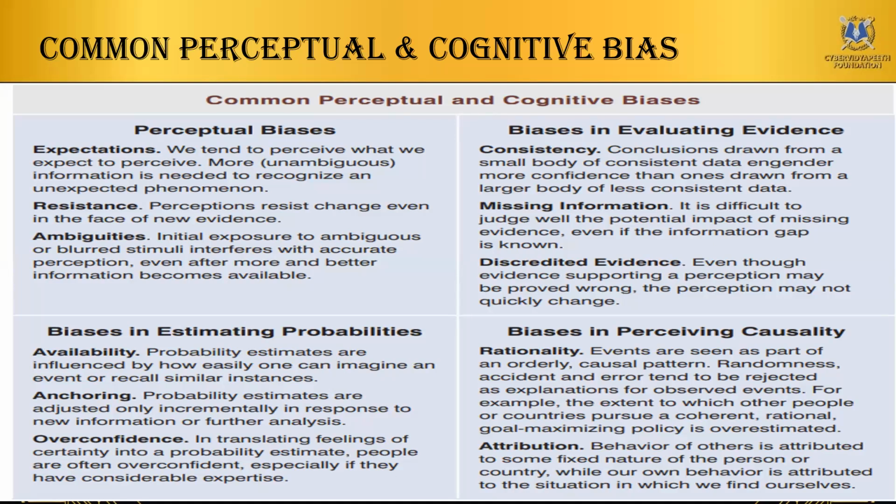And the last one is perceiving causality. One of the most important components within rationality: events are seen as part of an orderly and causal pattern. When you create randomness in the pattern, the adversary becomes suspicious.